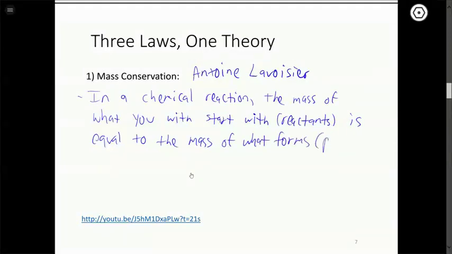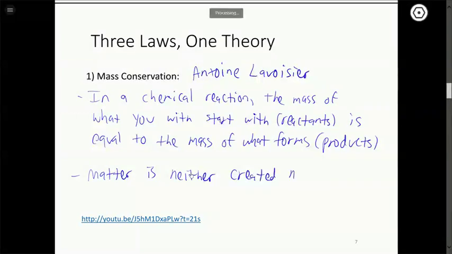And those are called products. Another way that you've probably seen the law of conservation of mass formulated is that matter is neither created nor destroyed in a chemical reaction.